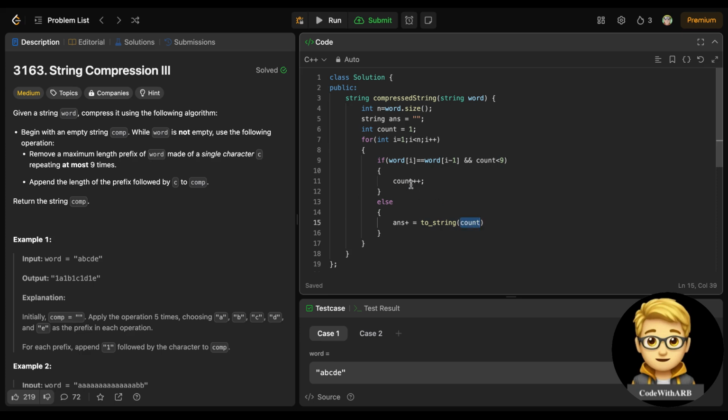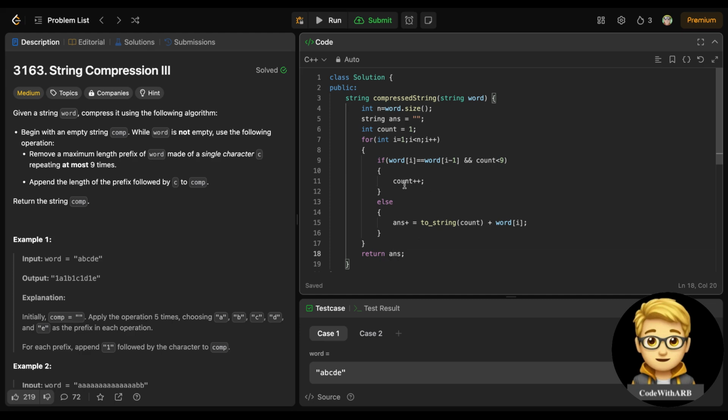So I will do to string of count, and I also need to add the character into it. After that, it will just return answer.